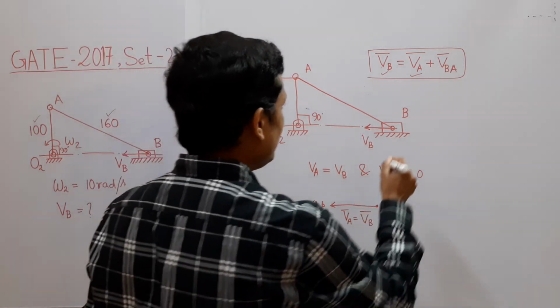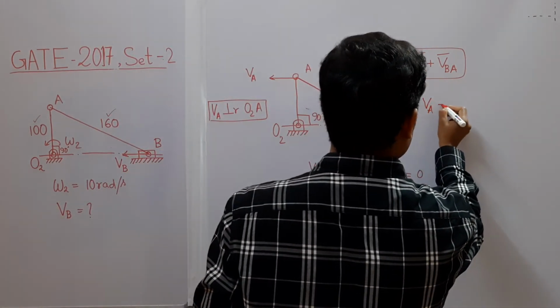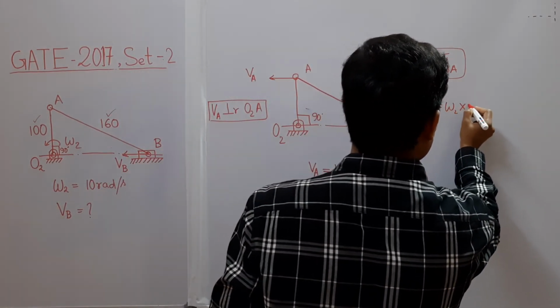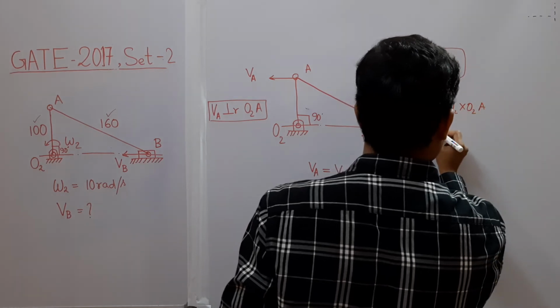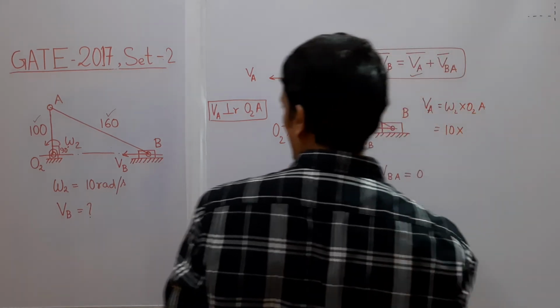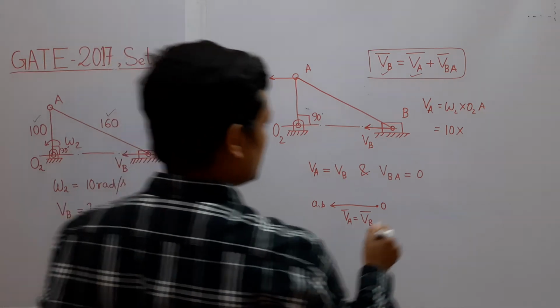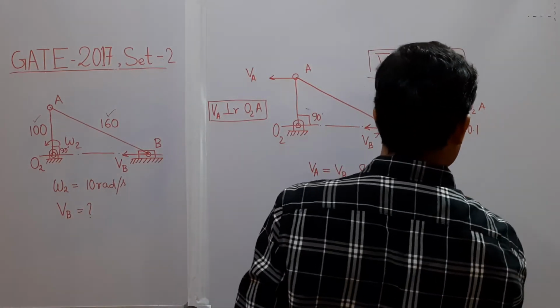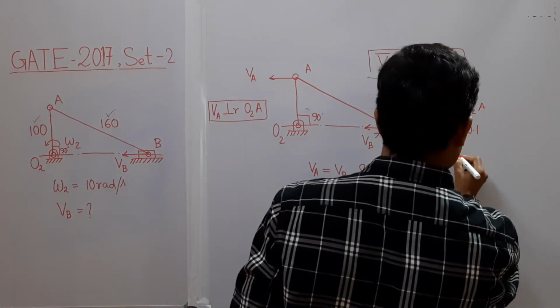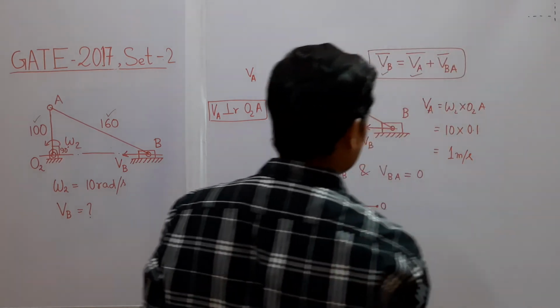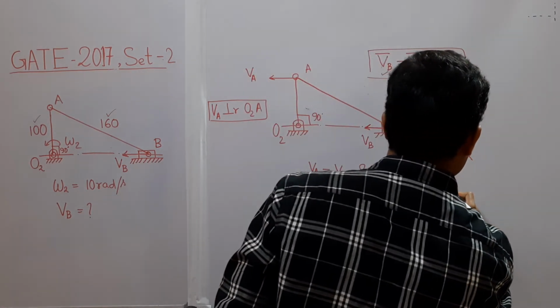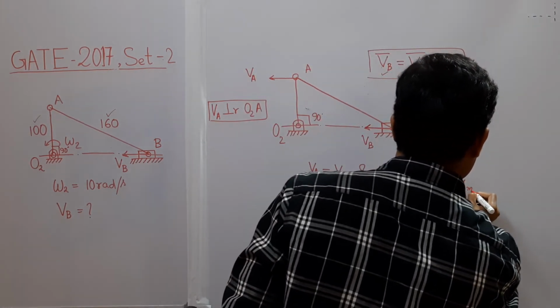So what is VA? VA is omega 2 into O2A, that is 10, O2A is 100, that is 0.1 meter. So 1 meter per second, and so VB is also 1 meter per second.